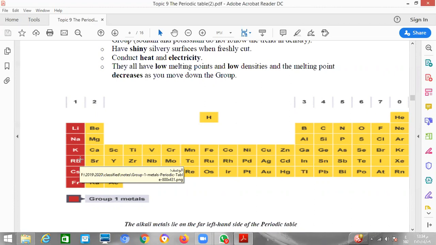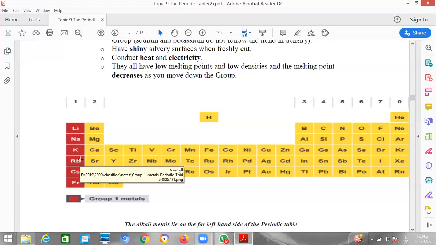Sometimes there is a question about the test for hydrogen gas. This is in paper number 6 in the IGCSE exam. To test for hydrogen gas, use a lighted splint.